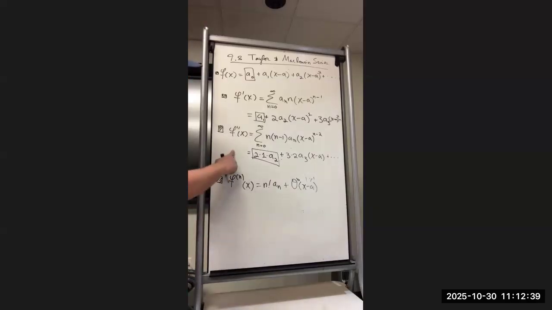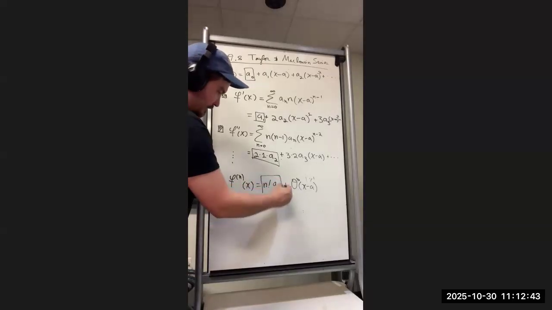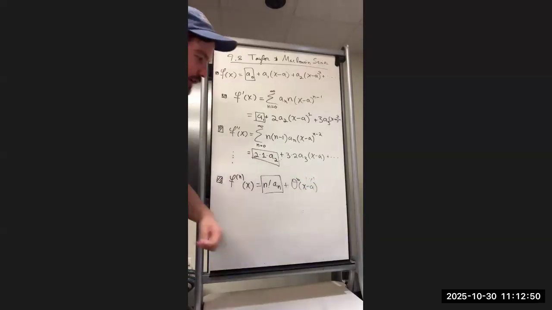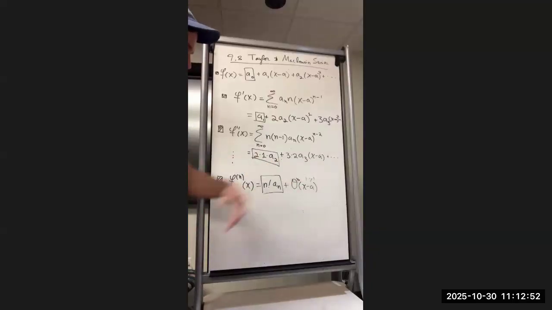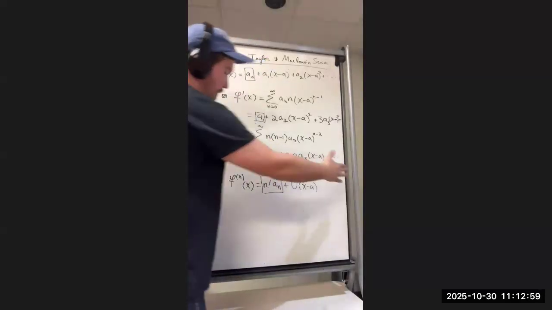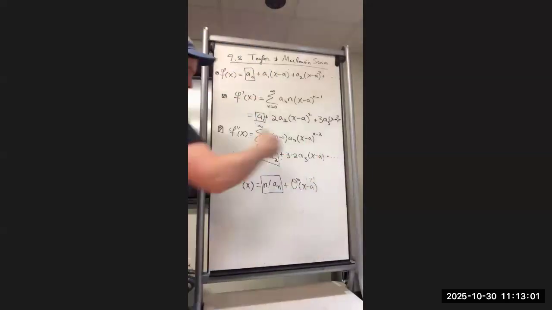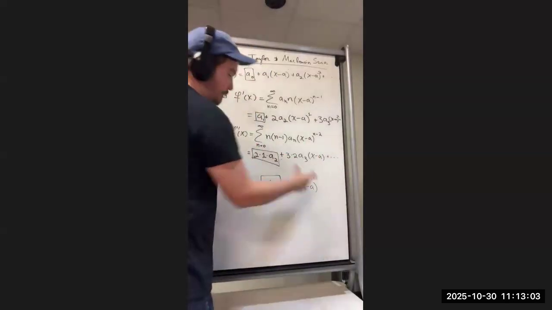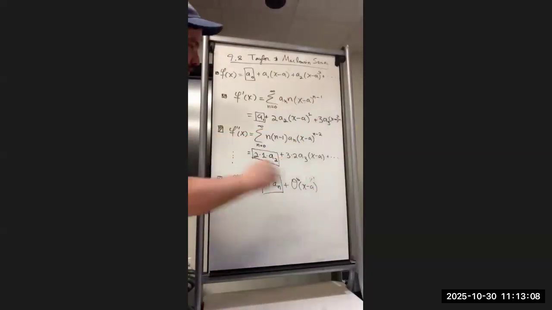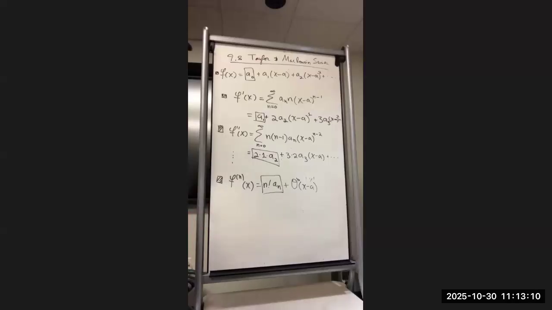So we see this pattern, and notice that for the nth derivative, we get this one constant term, and then everything else has a factor of x minus a. This is a not particularly rigorous way of writing it. Everything else in the sum, which is infinite, has some factor of x minus a. It might have an x minus a squared, an x minus a cubed, whatever, but it has some sort of x minus a to it.